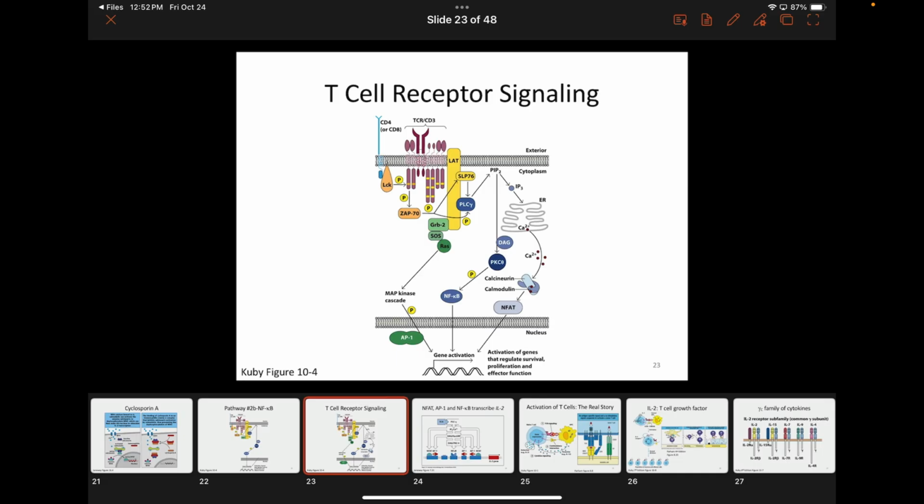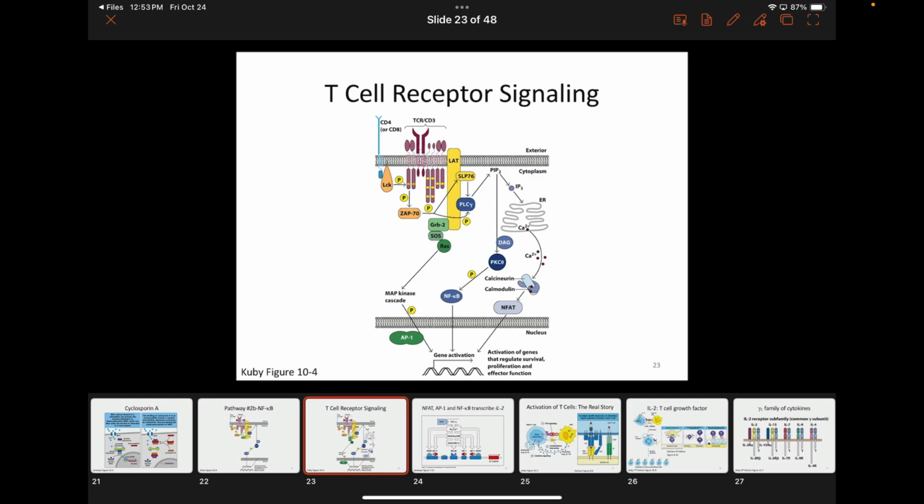So I told you about this drug, cyclosporin. Cyclosporin basically works right here. It's blocking calcineurin calmodulin interactions. So it's working pretty low down on this branch, right? It's not working at a receptor proximal site, it's working low down on one of these branches.